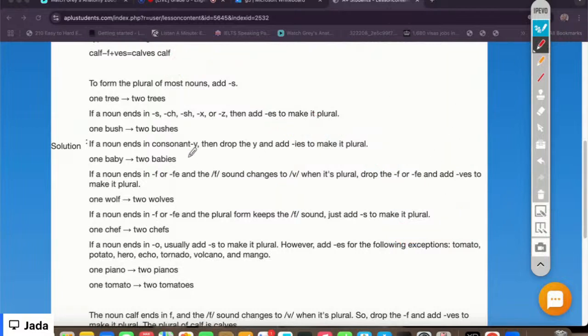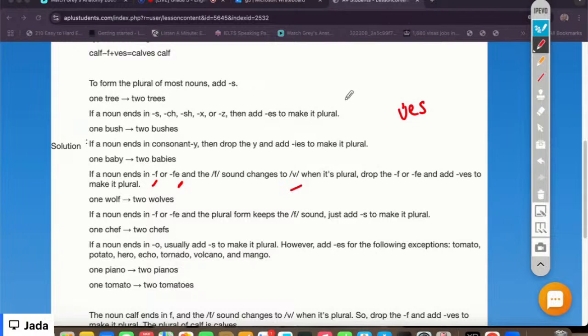So next, we have if the noun ends with F or FE and the F sound changes to V when it is plural, drop the F or FE and then add VES. Alright, so can you share with me some words that you know?